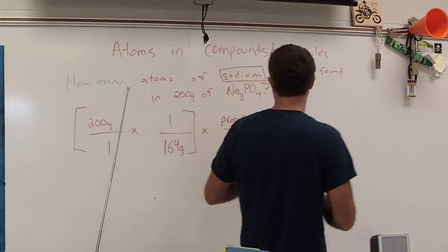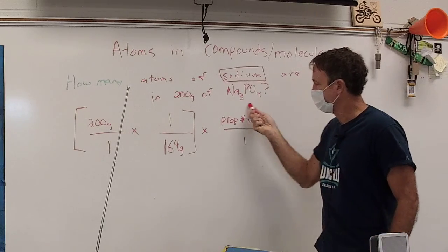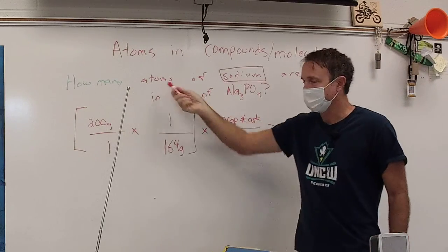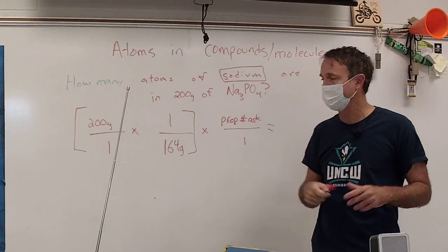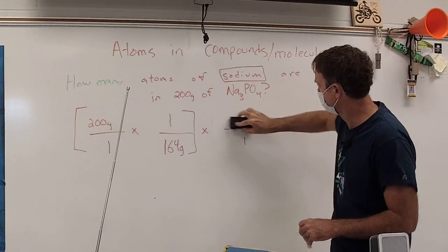And the proper number asked, how many atoms? The proper number for atoms, for a complete entire mole of atoms, is 6.02 times 10 to the 23rd.